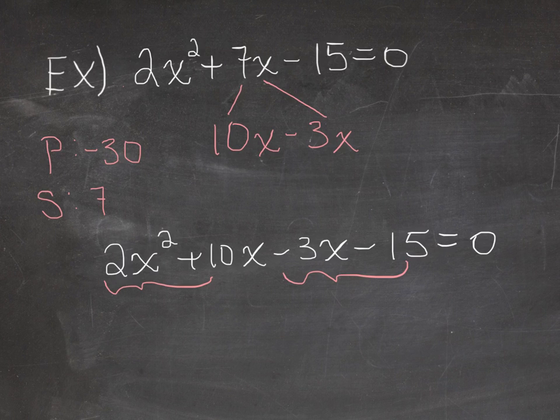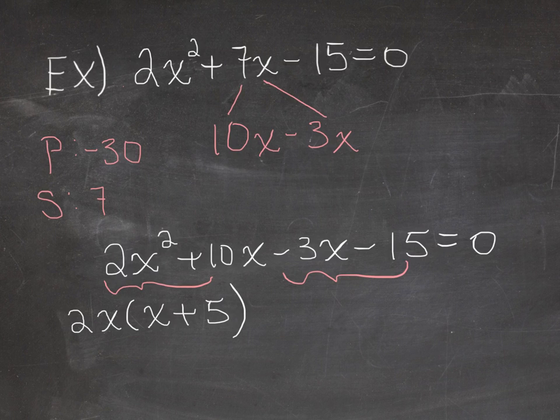Okay, so now I look at these, I group the first two terms together and the last two terms together. And what I want to do is factor out anything common between them. So in the first two terms, I have a 2 that is common. I can divide out a 2 from both those, and also an x. So now in that first term, what I'm left with is just an x plus 10x divided by 2x would be 5.